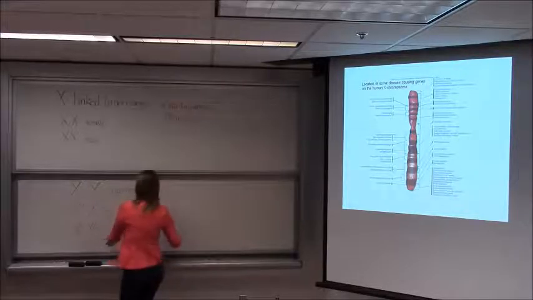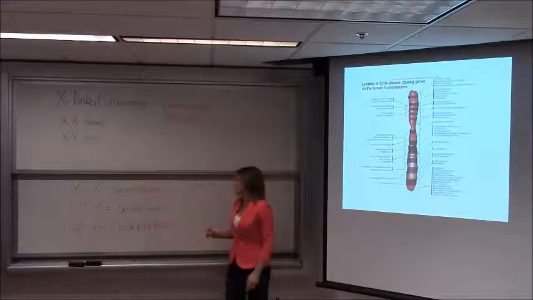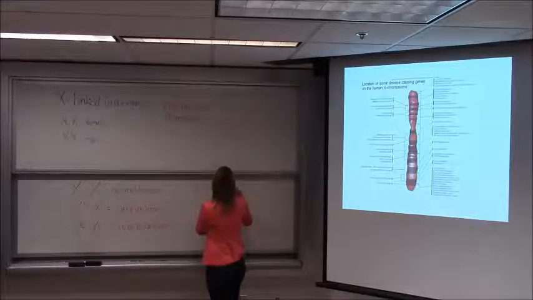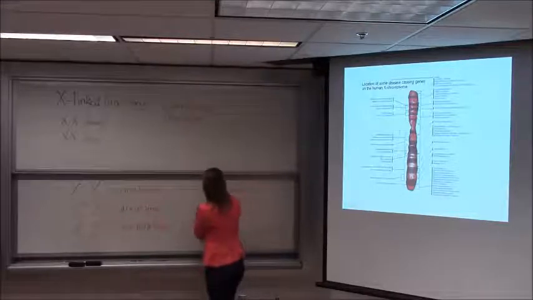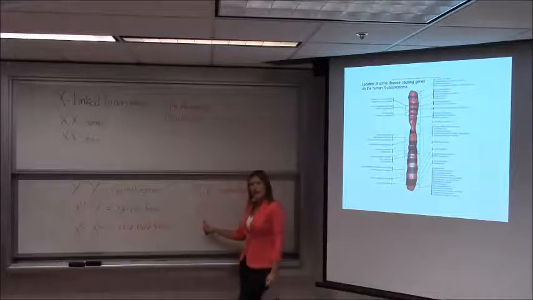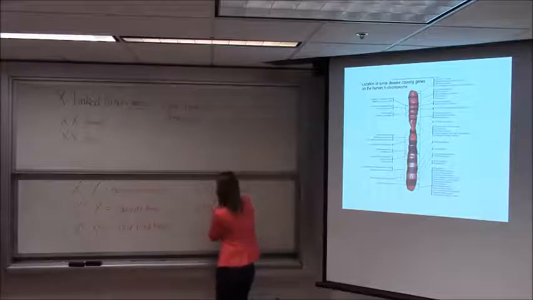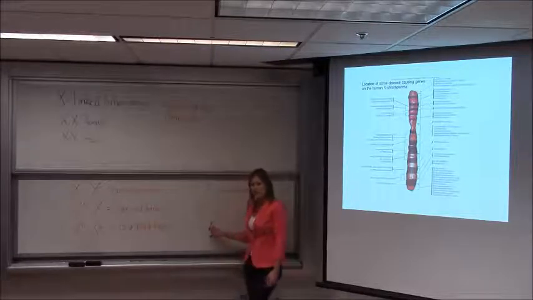Males only have two possible genotypes. Normal, meaning no disease, normal copy of that gene. If his X has the colorblind allele, he will be colorblind. He does not have another normal copy of that recipe.